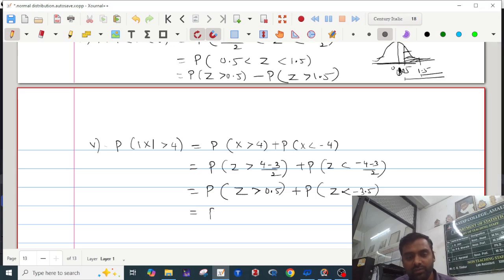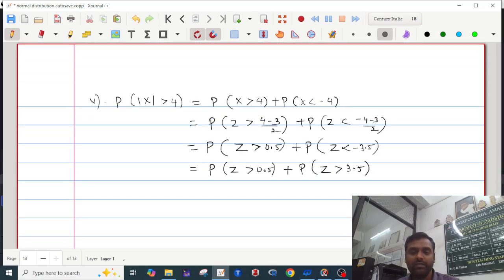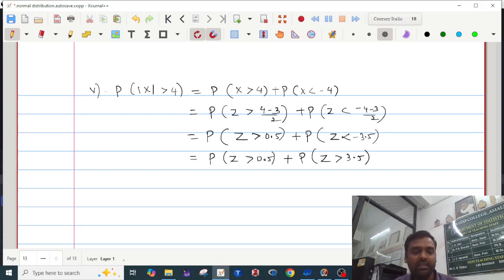This probability you can find out from the statistical table, plus probability of z less than minus 3.5, which means probability of z greater than 3.5. So you can see both probabilities from the statistical table. Add these, and you will get the answer of probability of mod x greater than 4.